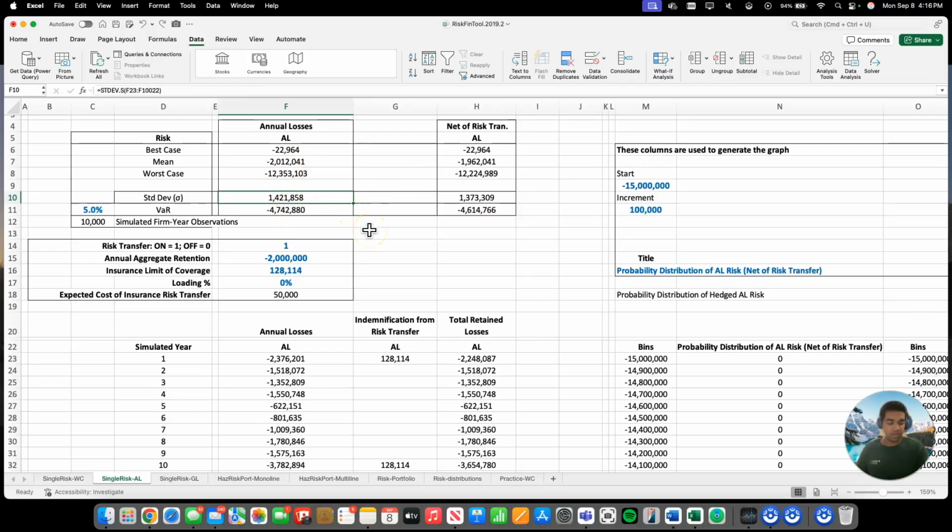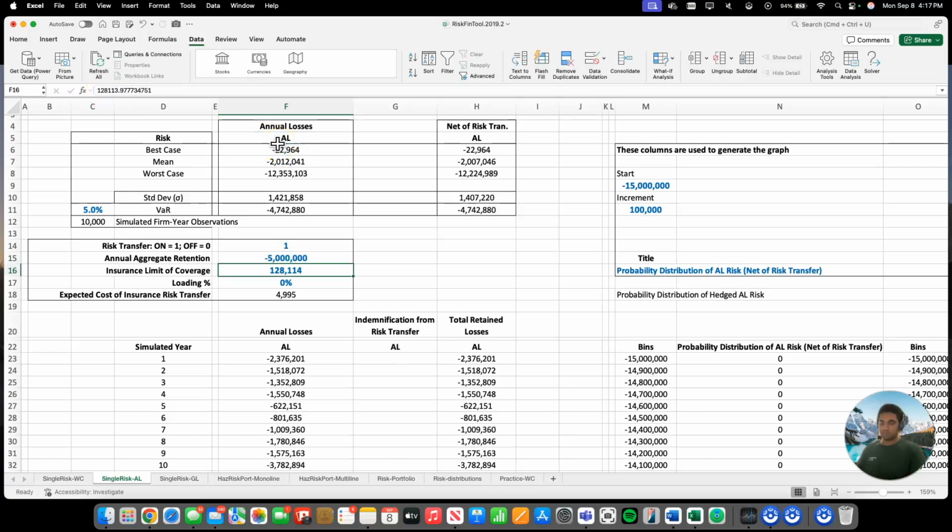That means 2 standard deviations of, oh, sorry, that is 1.41 million. 1,421,858 times 2 is about 2.84 million. 2.84 million plus 2 million, that's the mean. We could say that's about 4.84 million. But why don't we take a nice round number and retain about 5 million?